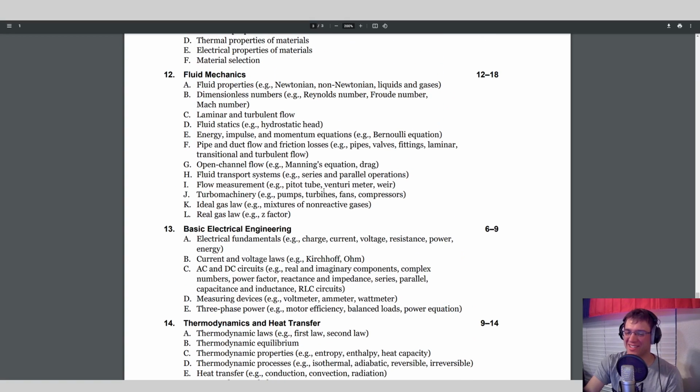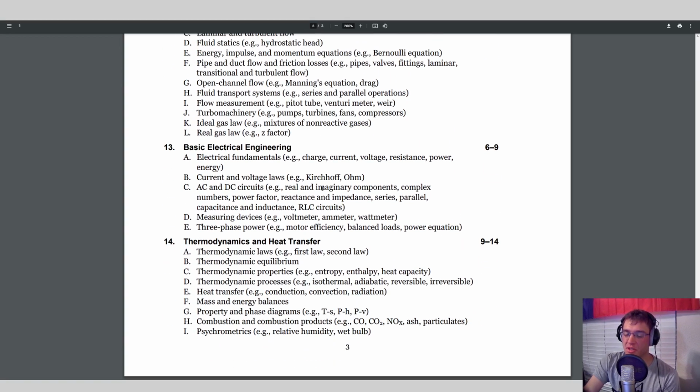It is mechanics. Basic electrical engineering: electrical fundamentals, current, voltage, AC/DC, measuring devices. Can you read a multimeter? Three-phase power, motor efficiency, power loads, Kirchhoff, ohms, imaginary components, complex power factors, RLC circuits.